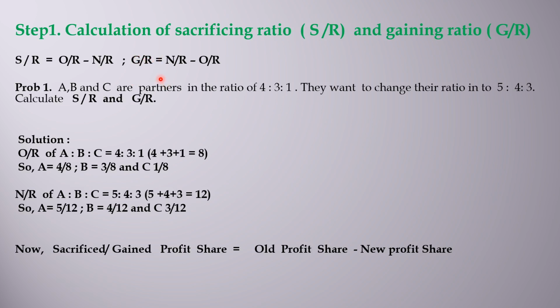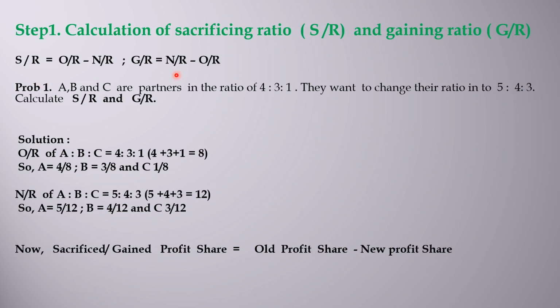So for gaining ratio, it is NR minus OR. Suppose we have 100 rupees now at present, and earlier we had 120. 120 minus 100 is called 20 rupees sacrifice, as if we donated 20 rupees to someone.